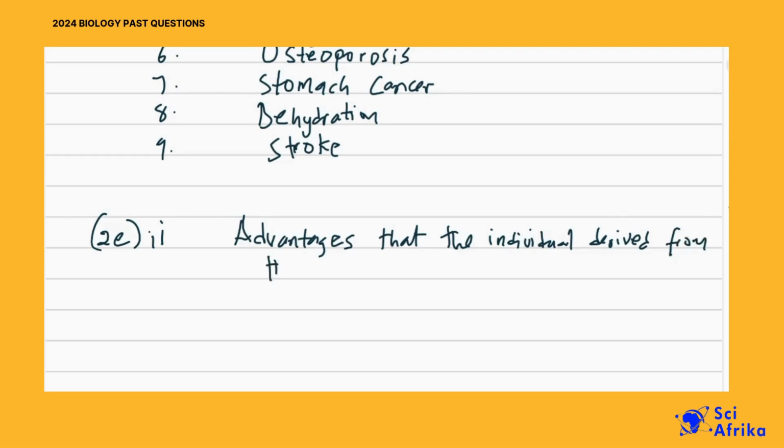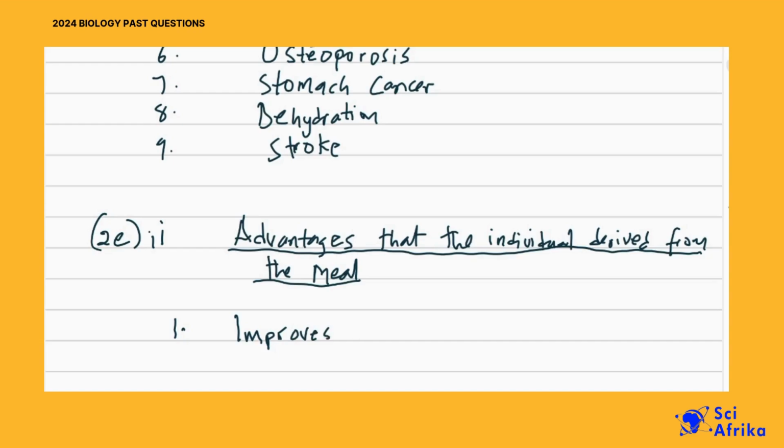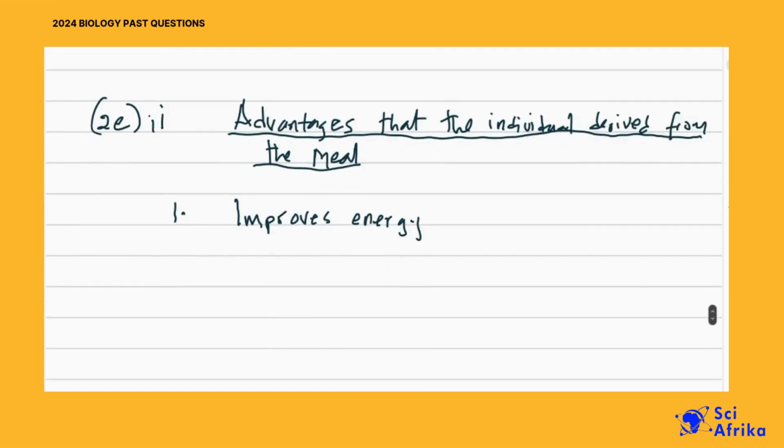Even though the meal is a hot one and it was a salty food without taking water, there are still some benefits that the body will derive from the meal. So number one, it helps to improve energy and mood. After taking the meal, the individual will have some energy and will also have a mood change positively because of what? Of food intake. Energy and mood.